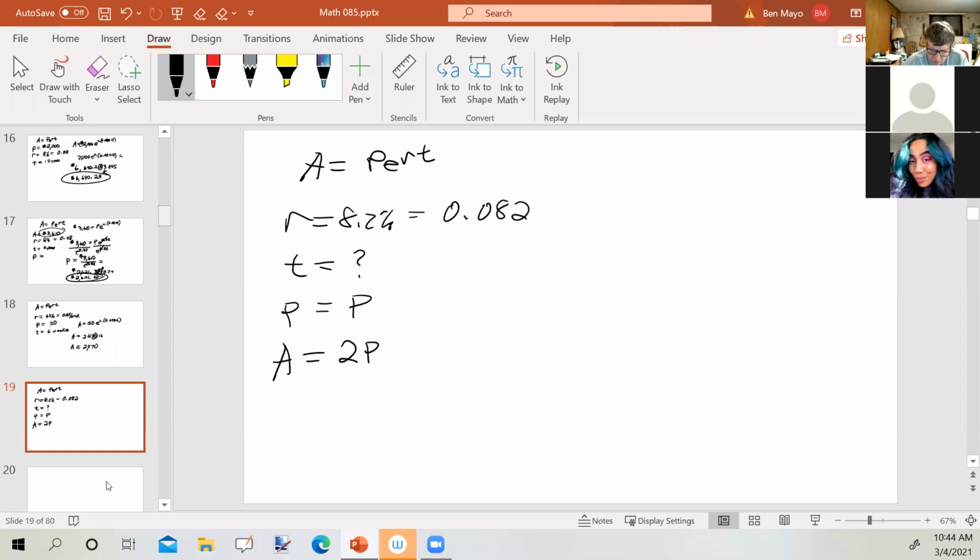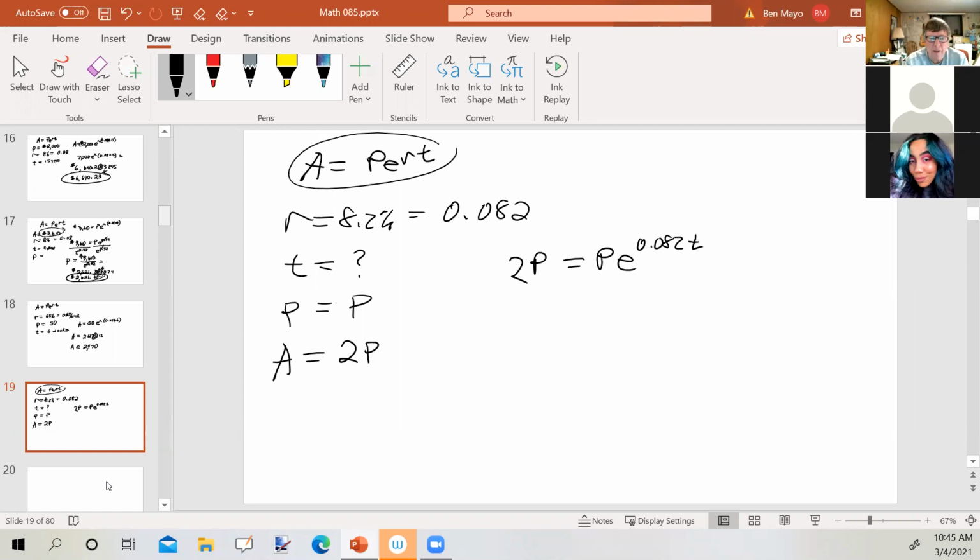We know we're trying to find the time. We don't know the initial population, but the ending population is twice the initial population, okay? So I still don't know what P is, but as we're gonna see, I don't need to know. So watch. Using this formula, we're gonna say 2P equals PE to the 0.082 T power, okay?